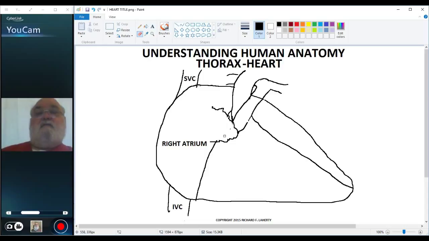And further, let me draw in a little bit of the left auricle, which will be peeking around from the posterior side of the heart.